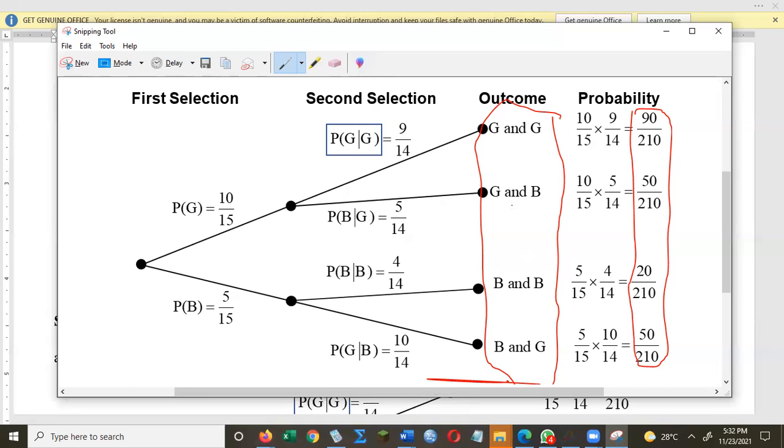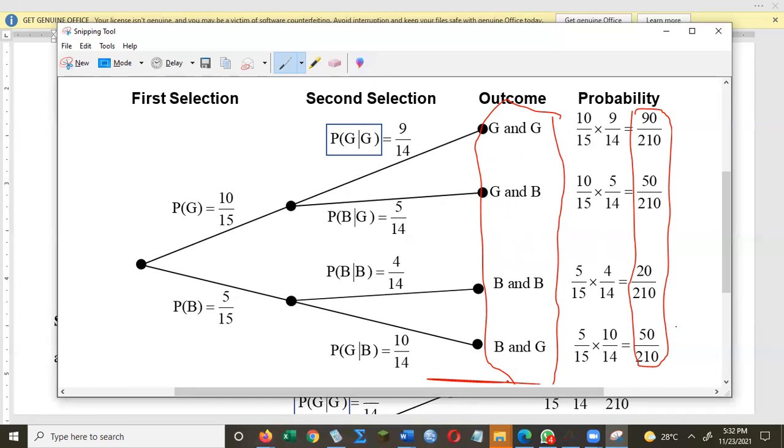So this is an or. You can get 1 green card this way in the first selection, or you can get a green card in the second selection. You can get 1 green card this way, a green then a brown, or this way, a brown then a green.